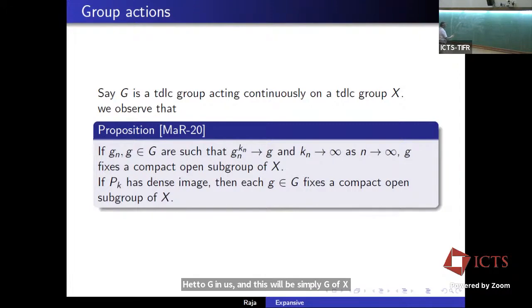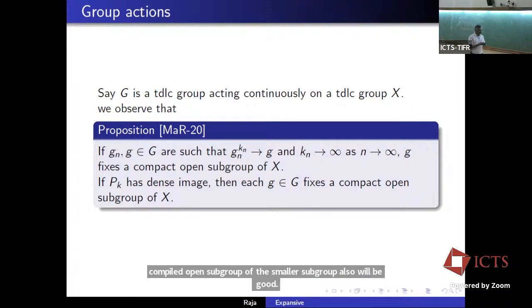So the scale of this will imply that g, the conjugate action, fixes a compact open subgroup of H. Now, G is a small closed subgroup, so it will fix a compact open subgroup of the smaller subgroup also. So we get this result.